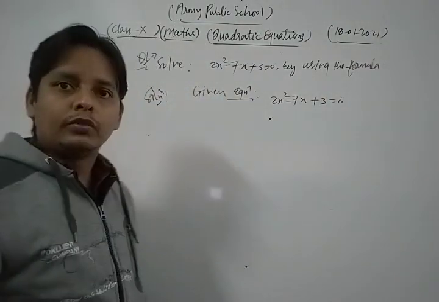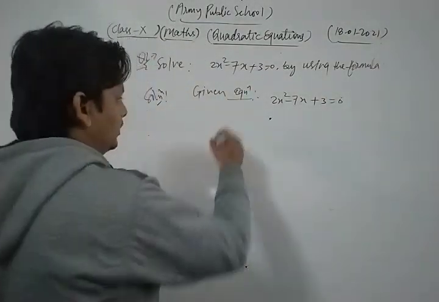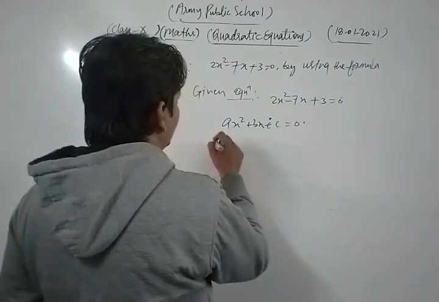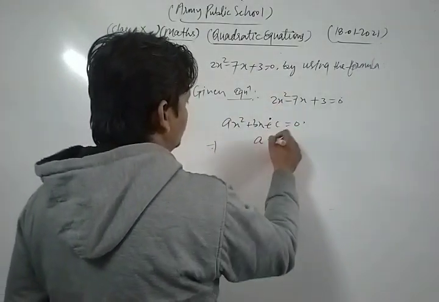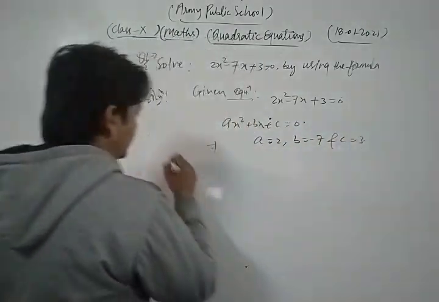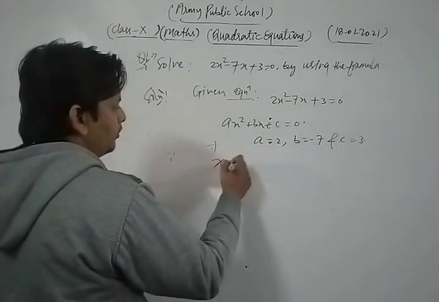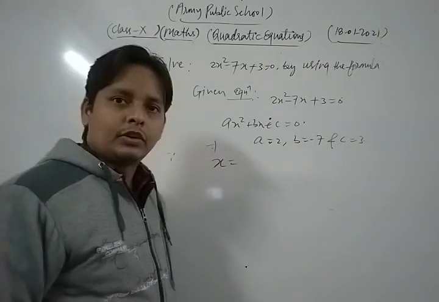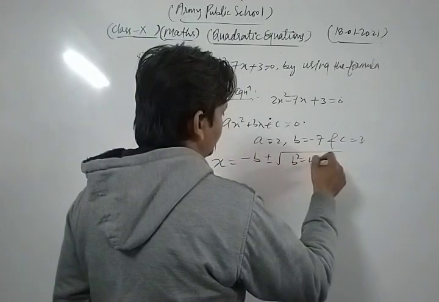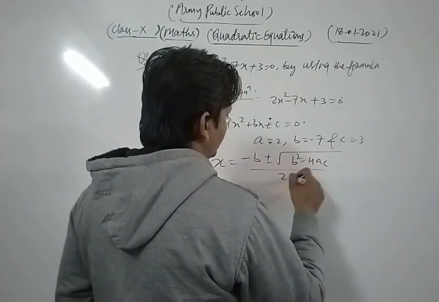Now, first of all, we compare the given equation with ax square plus bx plus c is equal to 0. We compare it, so we get a is equal to 2, b is equal to minus 7, and c is equal to 3. And now we know the formula x is equal to minus b plus minus the square root of b square minus 4ac upon 2a.